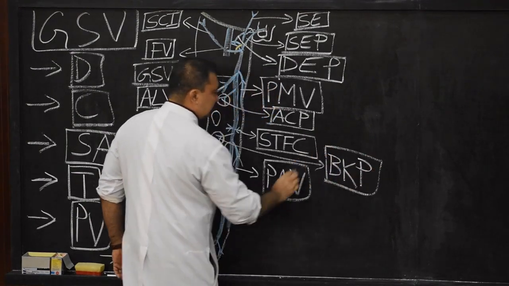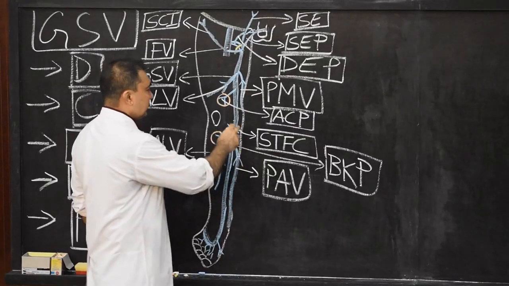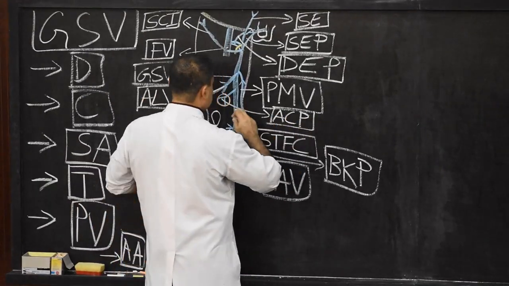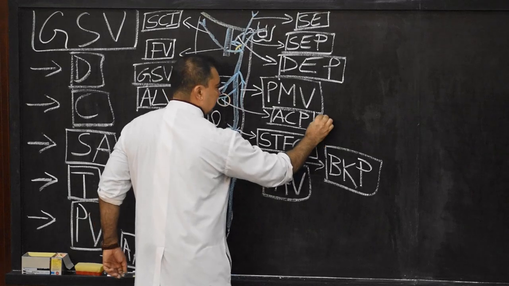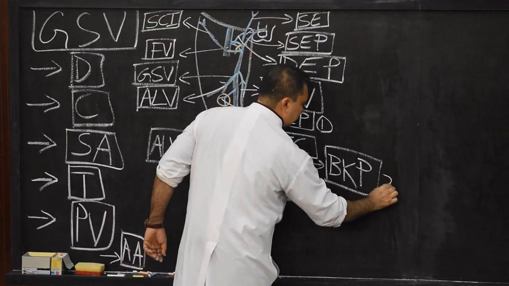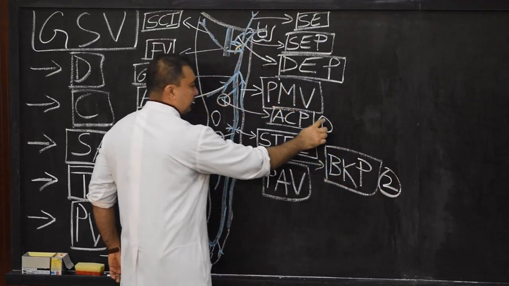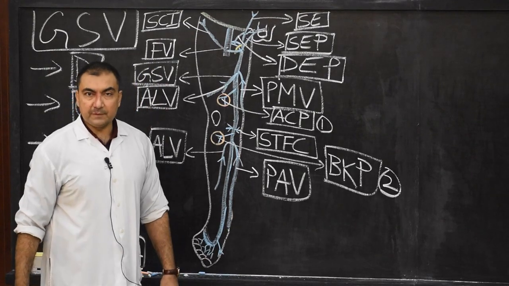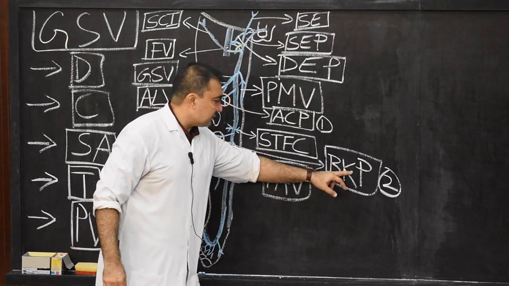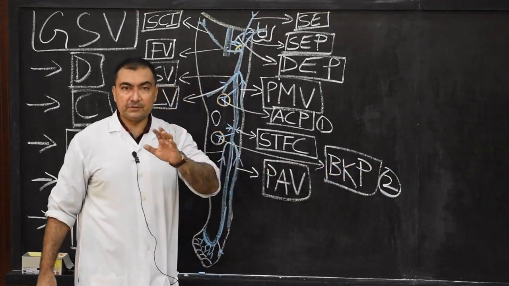So this is the second perforator. The first, the adductor canal perforator, connects the great saphenous vein with the femoral vein, and the second connects the great saphenous vein with the posterior tibial vein.